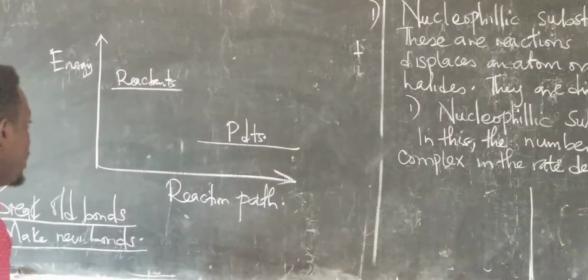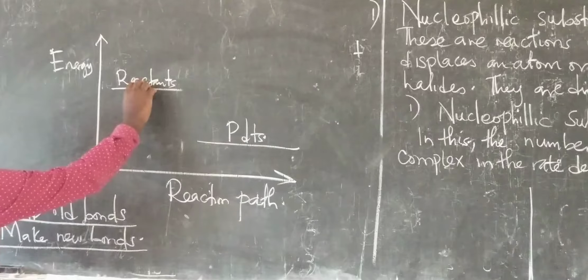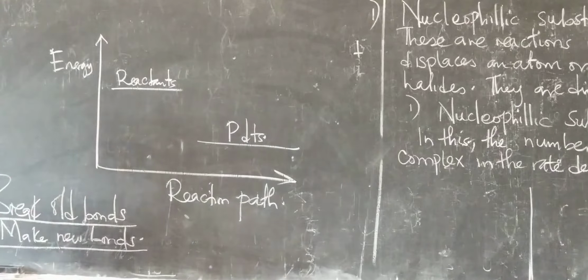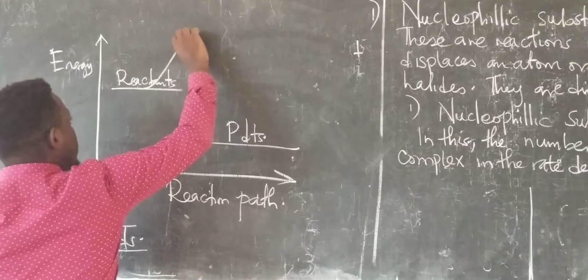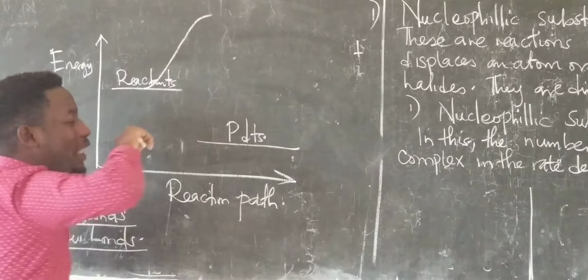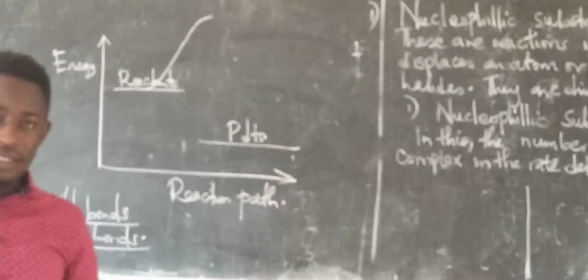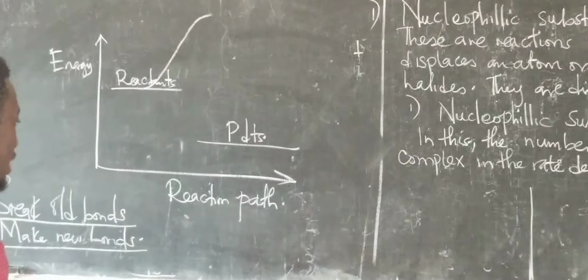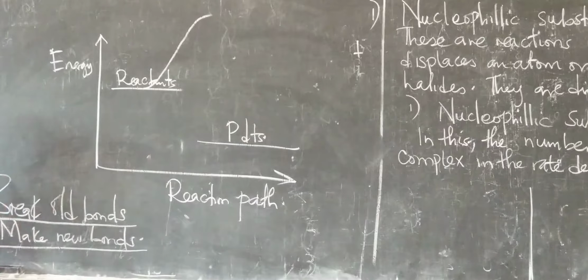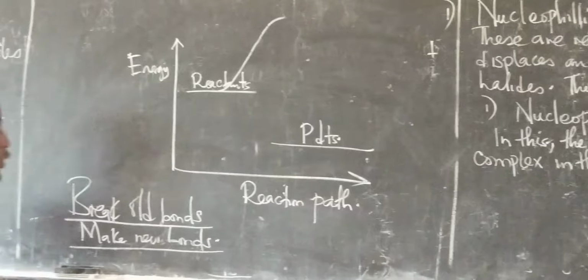Therefore, these reactants have to be provided with energy, and then the energy will rise up to what we call the activated complex. An activated complex is a compound which has partially broken the bonds and partially made new bonds. Are we together?